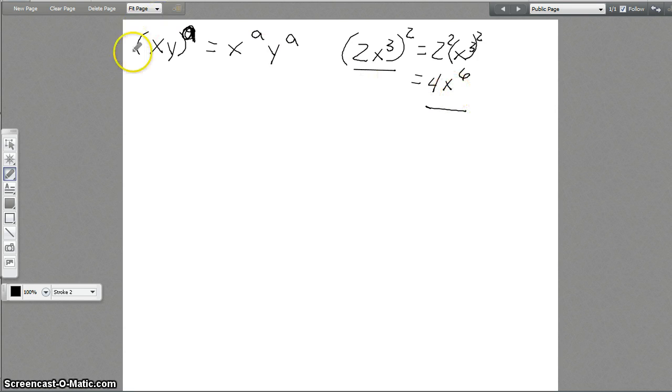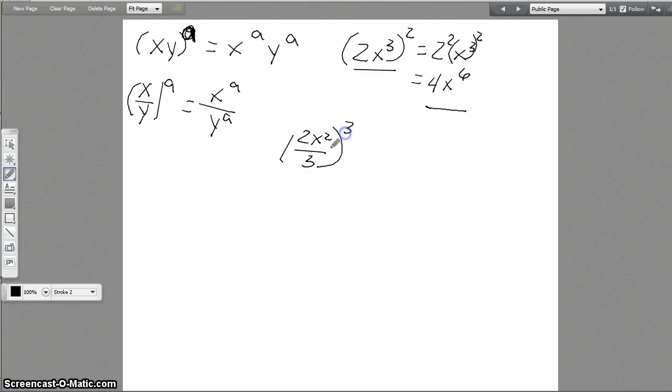Okay, the other one was x over y raised to the power of a is going to be equal to x to the a over y to the a. So if we had something like 2x squared over 3 to the third power, everything inside of the parentheses gets raised to the third power.